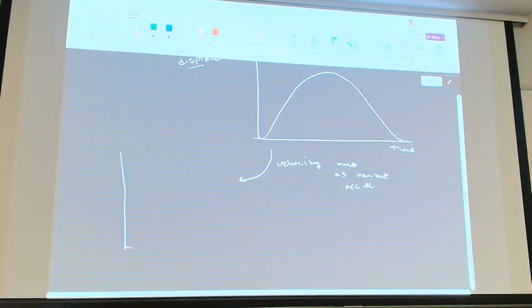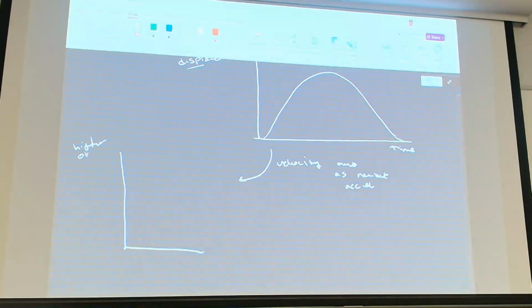So we could have some higher order displacement derivative, i.e. velocity. You could do velocity. We could do acceleration, et cetera, where we have something that might look like this.